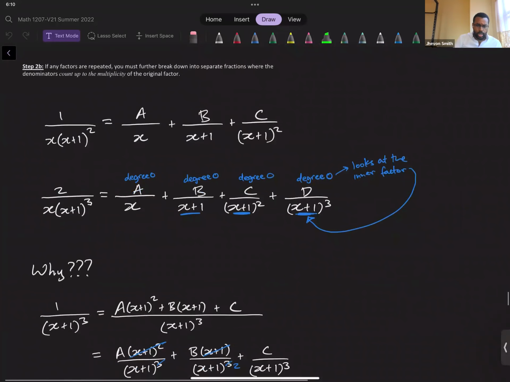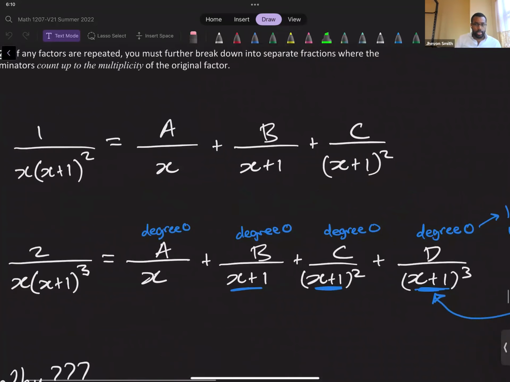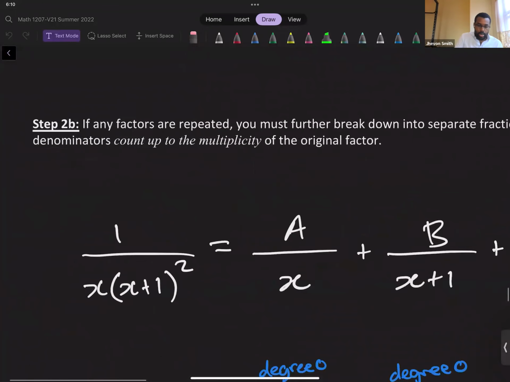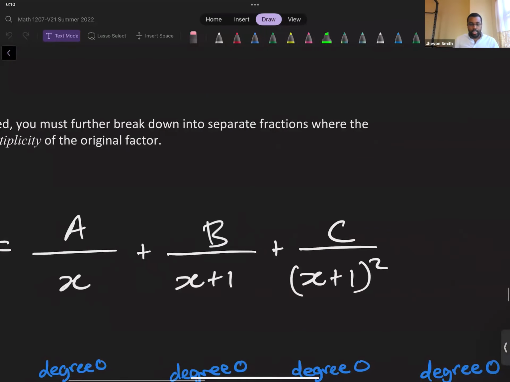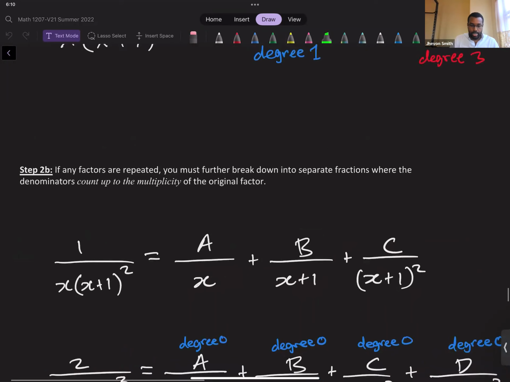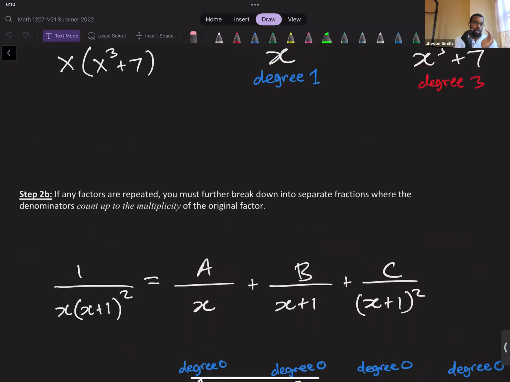One situation in which this rule still applies, but visually it might look like it's not being applied, is whenever you have a repeated factor. For example, here with this expression, the x plus 1 factor, which is a linear factor, is repeated. It's actually multiplied by itself twice. What you do with that is you count up to the multiplicity, right? You start with x plus 1 to the first power, x plus 1 to the second power.